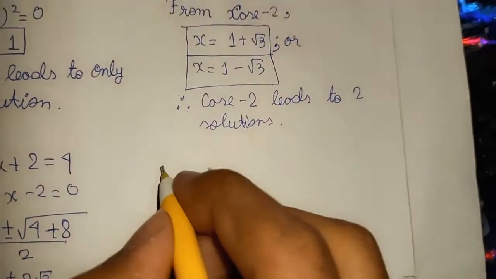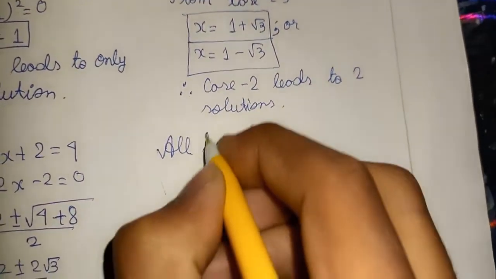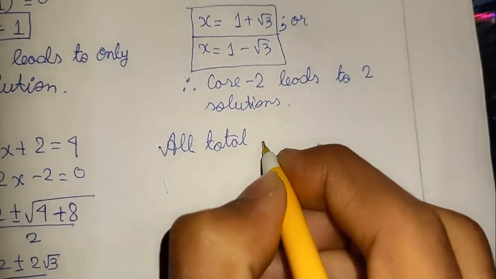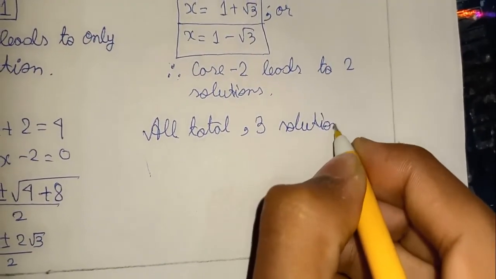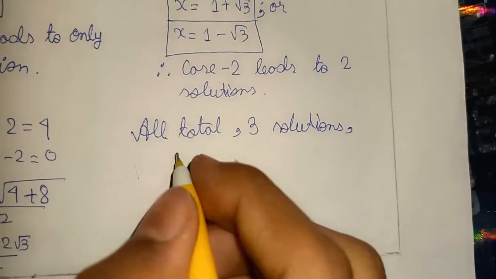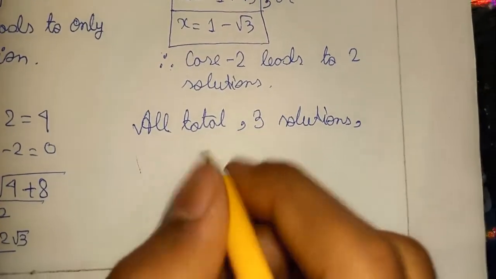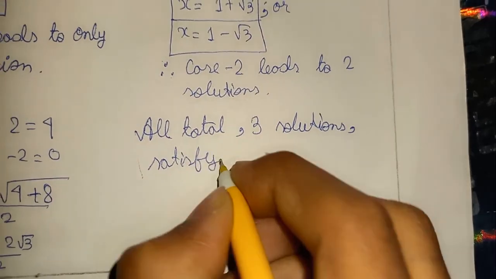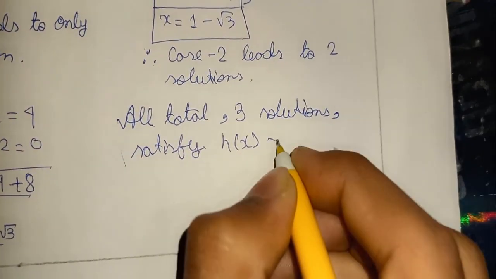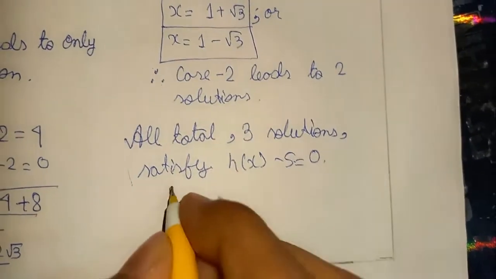So we have three solutions in total that satisfy h of x minus 5 equals 0.